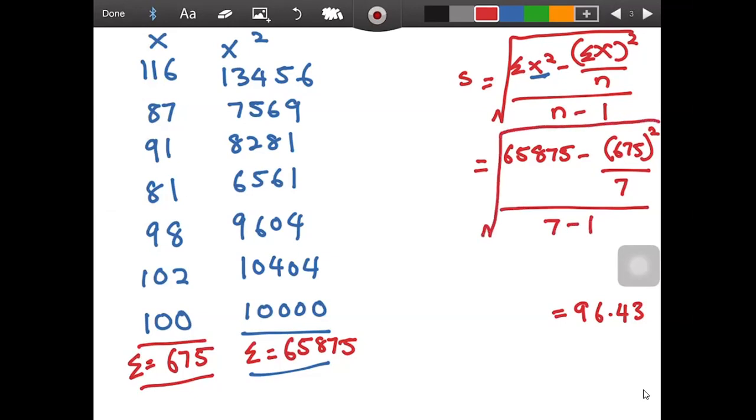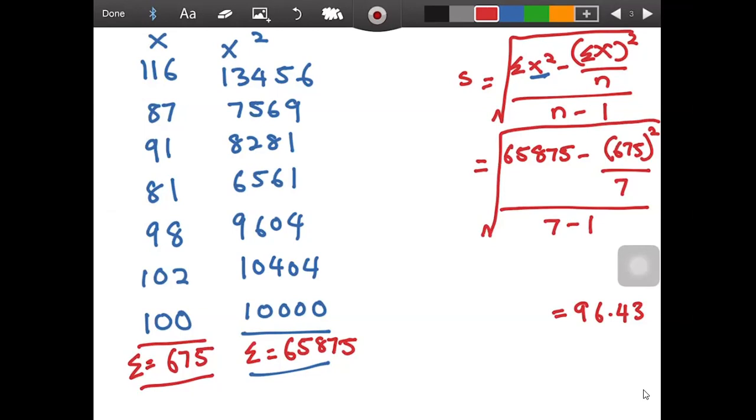Okay. So 675 times 675 is, so we do 675 square first. 675 square is 455625.